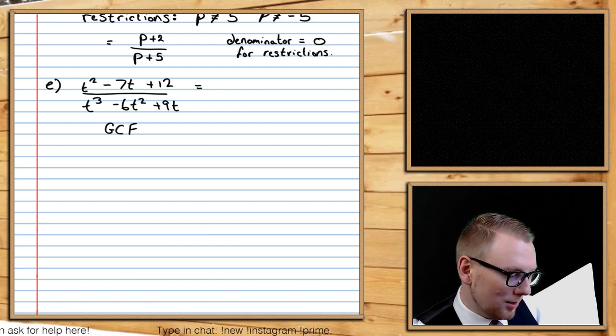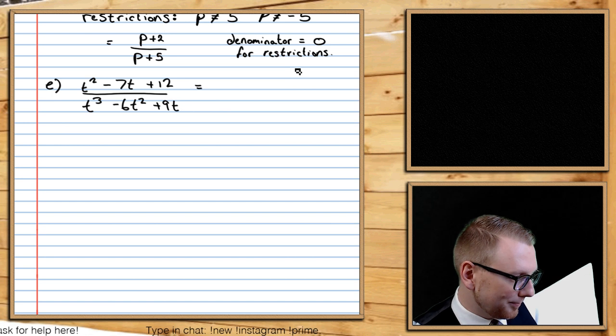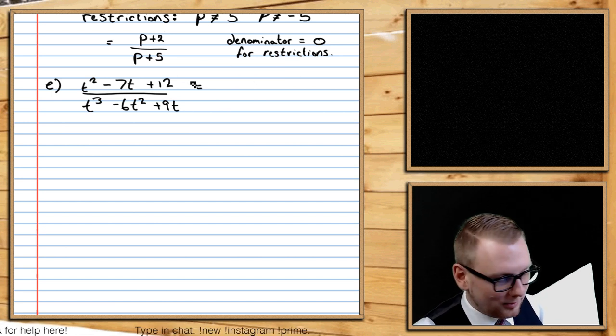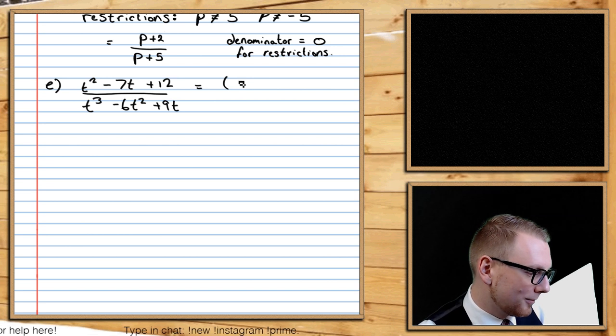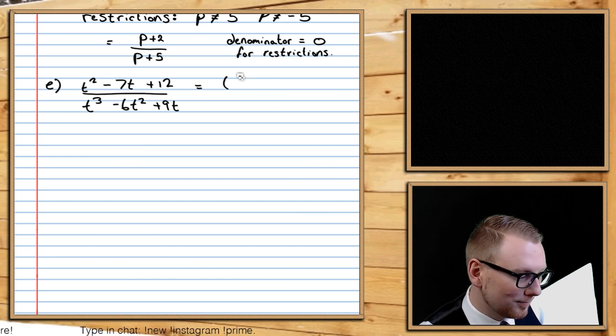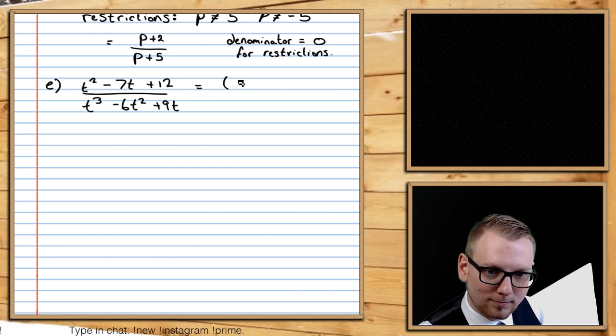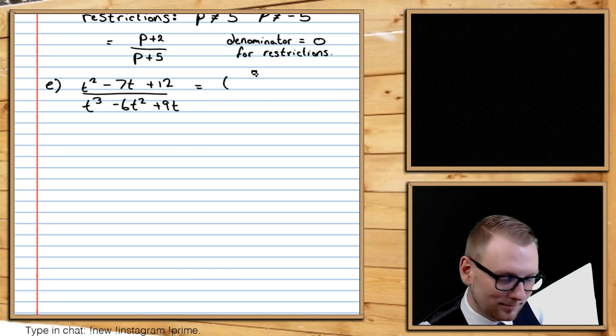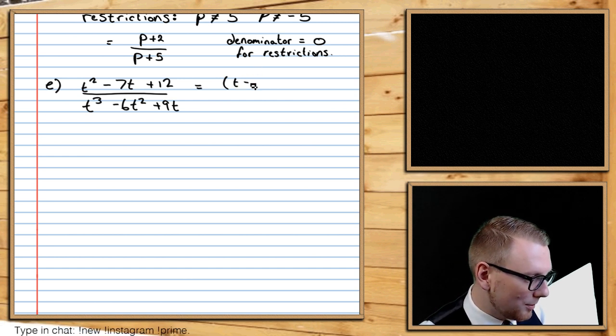So the t cubed, well, what's the numerator to start? Yeah, we got t minus 3 and t minus 4. Good.